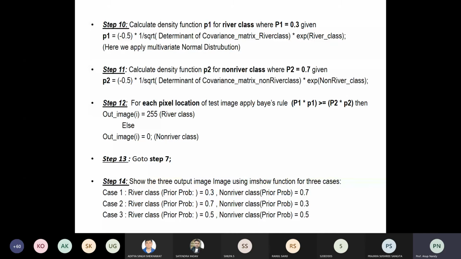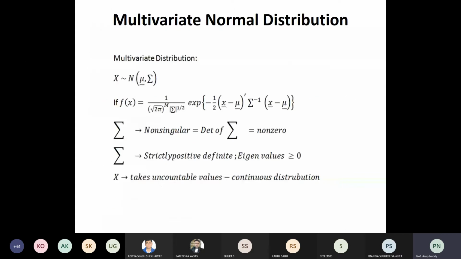Show three output images using the imshow function, or if you use Python, there will be some other function, for three cases: river class prior probability 0.3, non-river class 0.7, then 0.7 and 0.3, then 0.5 and 0.5.